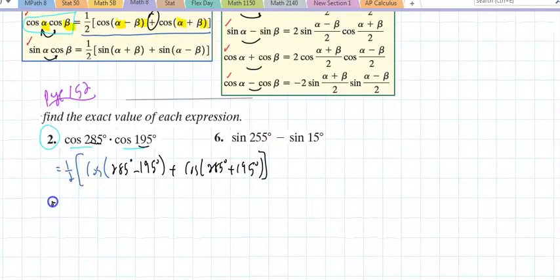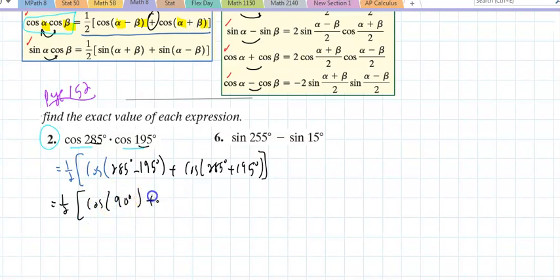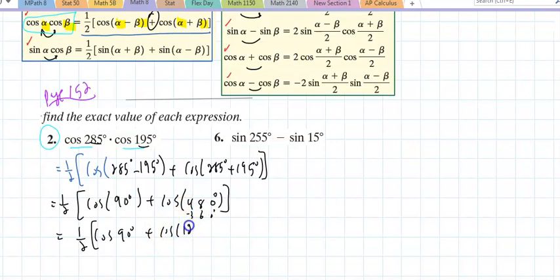And this turns out to be 1/2 the cosine of 90 degrees, plus the cosine of, if you add those right here, that turns out to be 480 degrees. So this is 1/2 the cosine of 90 degrees plus the cosine of, if I subtract 360 degrees, that's 120 degrees.